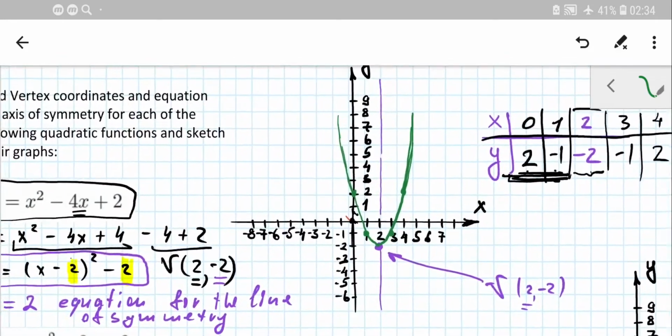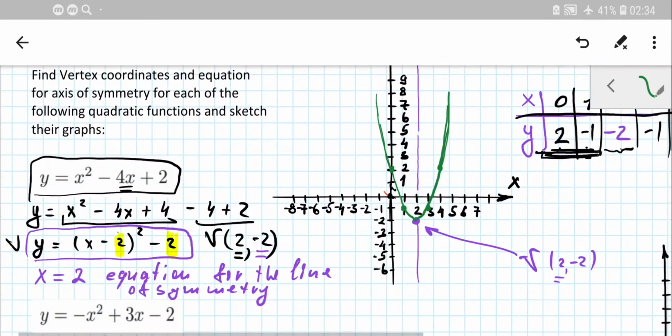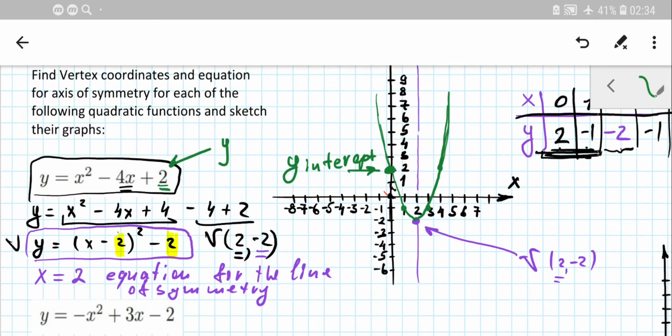So by the way, I didn't explain it, but bear in mind that this is actually the y-intercept, right? Y-intercept. I'll tell you later what it is, or you can watch the video dedicated to x and y-intercepts for the parabola. But here it's clearly seen that this is simply the y-intercept.